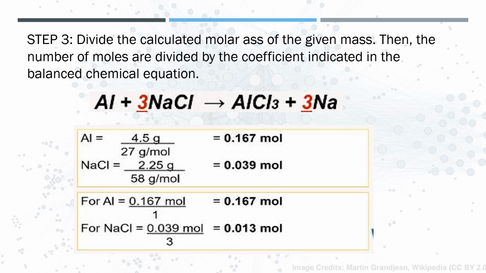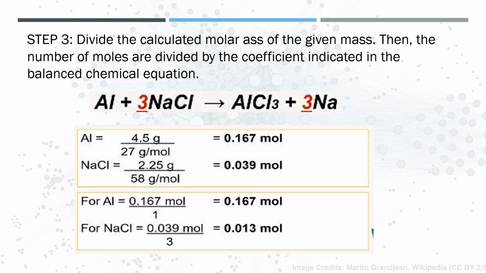So, let's take the first part, which is to divide the given mass of the given element or compound by the calculated molar mass. In the given example, we have the given mass of 4.5 grams, and its calculated molar mass is 27 grams per mole.